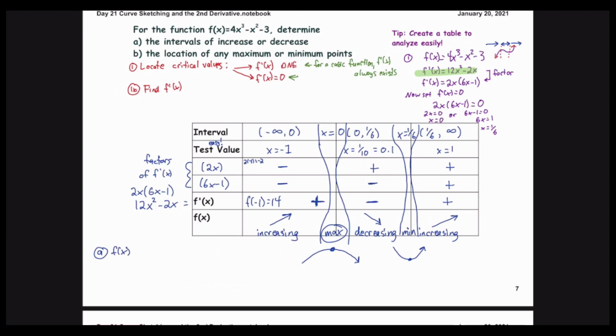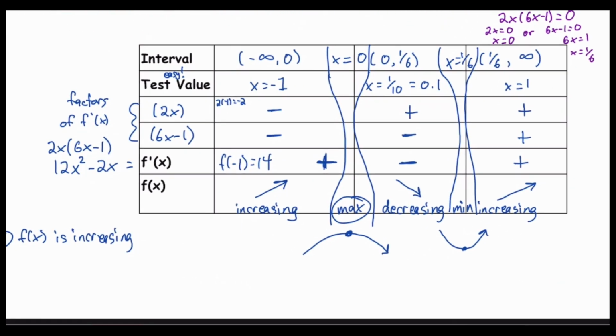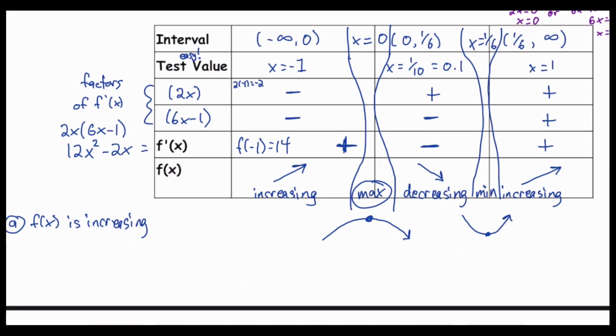f(x) is increasing. So what were the regions where my first derivative was positive? f(x) is increasing at, once again, I'm going to use set notation because I'm comfortable with that, but it doesn't really matter which one you use. And I'm going to erase my picture here just because I need room for my answers.